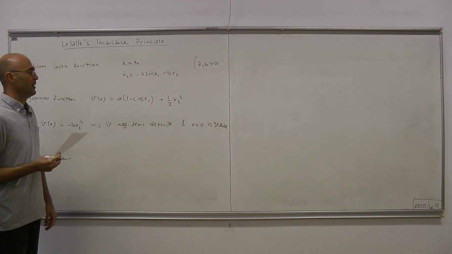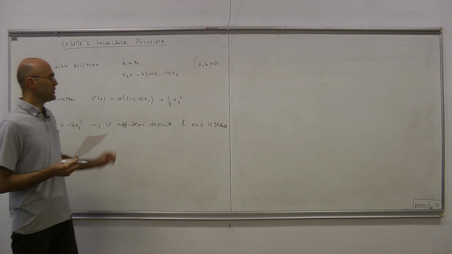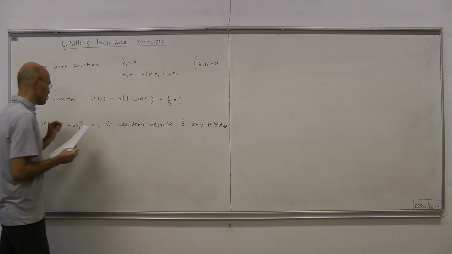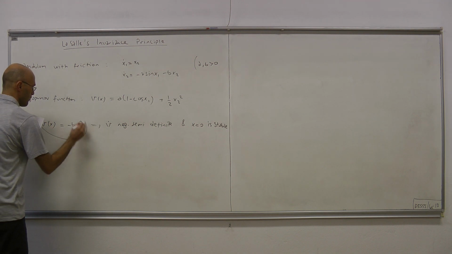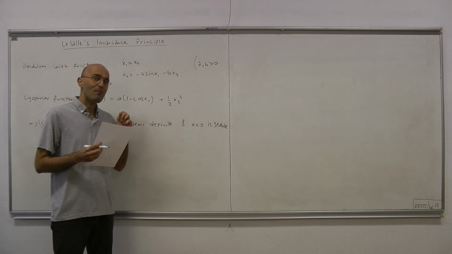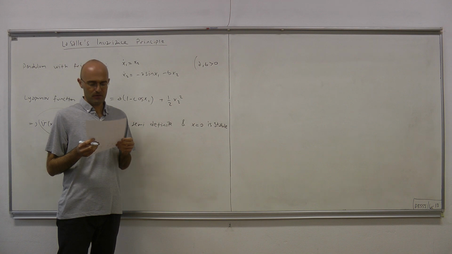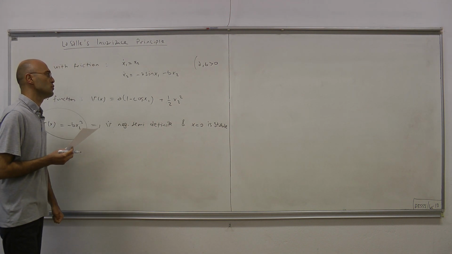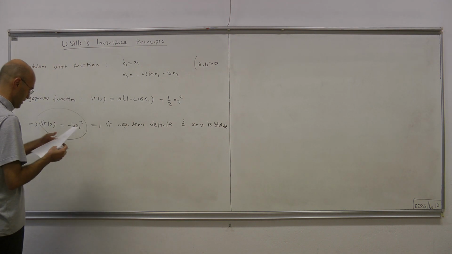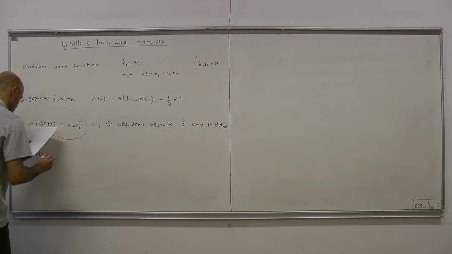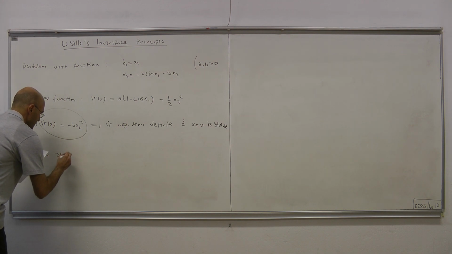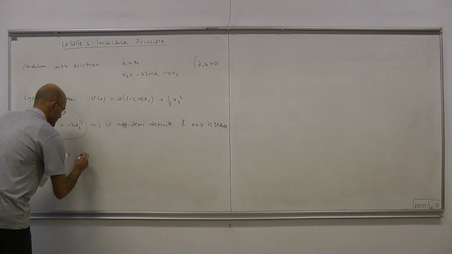Now, by very simple arguments, we will try to extract asymptotic stability of the origin from an only negative semi-definite V dot. The reasoning goes as follows.